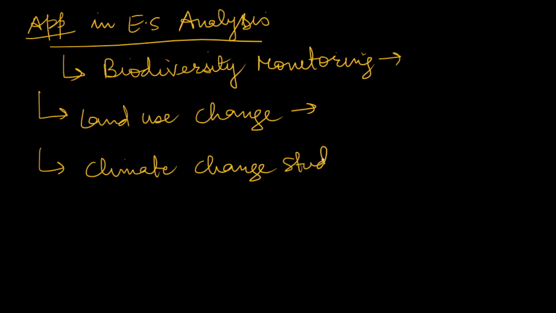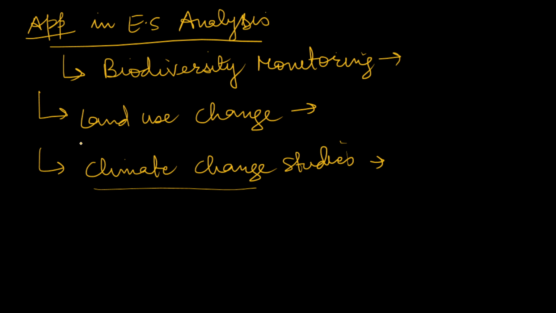We can assess climate change, see the shift in species distribution due to climate change, and see shifts in various resources. So these are the major applications of remote sensing in ecosystem analysis, and by using these points you can structure your answer.